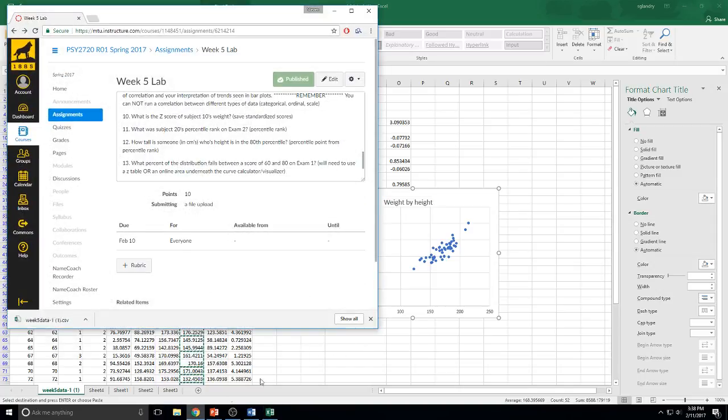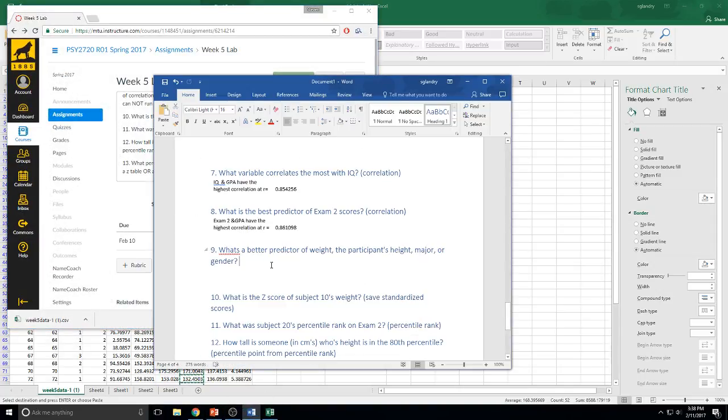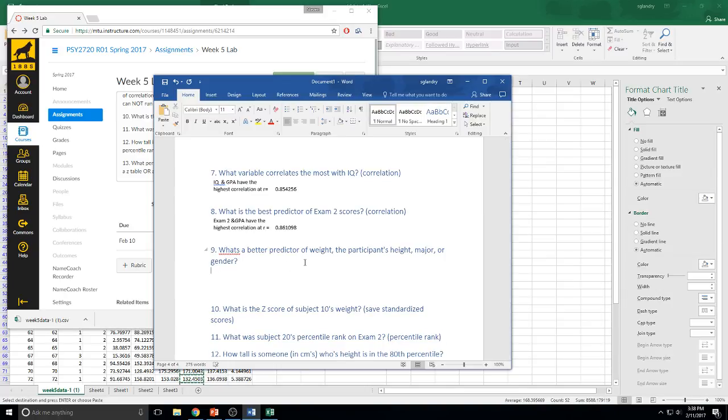I'm going to say height, because it has that super big R score and the plot looks so nice. Height would be the best predictor of weight from those three options.